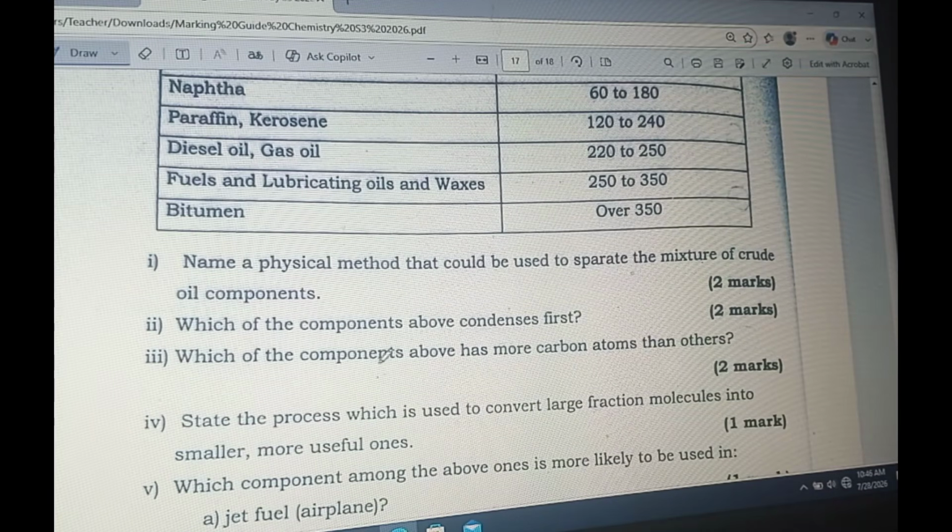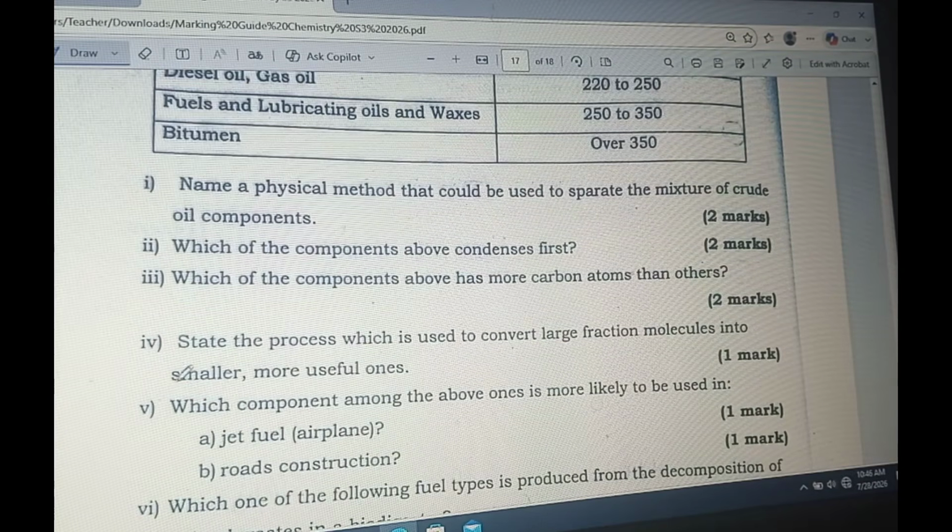III. Which of the components above has more carbon atoms than the others? This is bitumen. Okay. IV. State the process which is used to convert larger fraction molecules into smaller, more useful ones. This is called cracking.